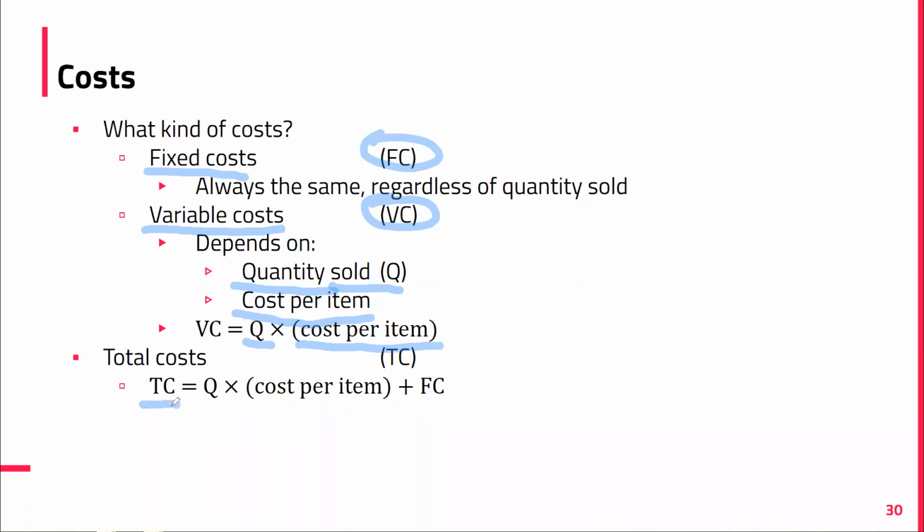So total costs, TC, is the variable costs plus the fixed costs. Just put the two things together. That is the standard way of talking about costs for a business. We'll do a little bit of that next week, and then a whole bunch of this when we get to our calculus stuff at the end of the semester.